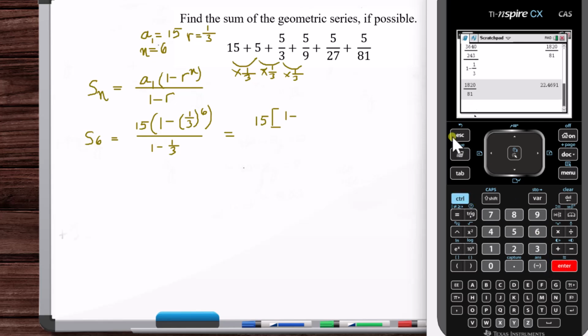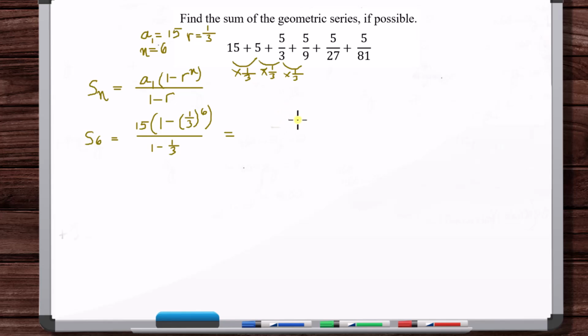You can just leave it as 1820 over 81 to give the exact answer. So 1820 over 81.